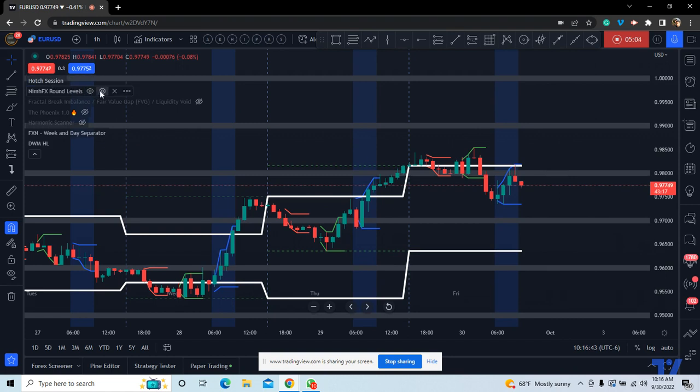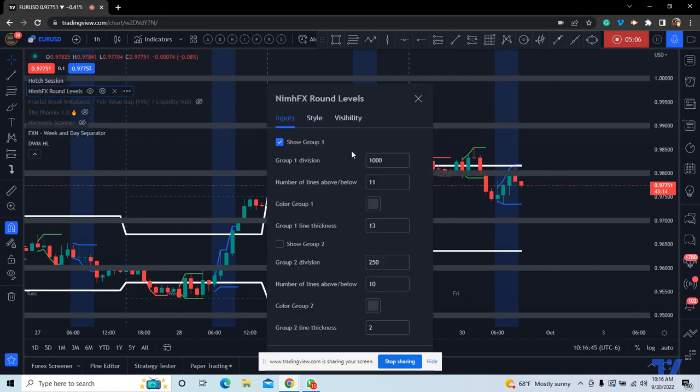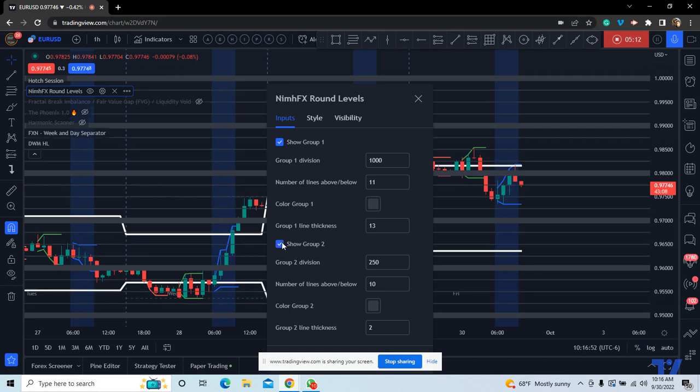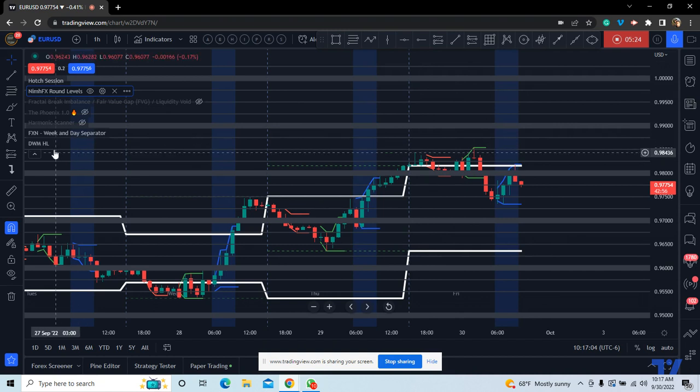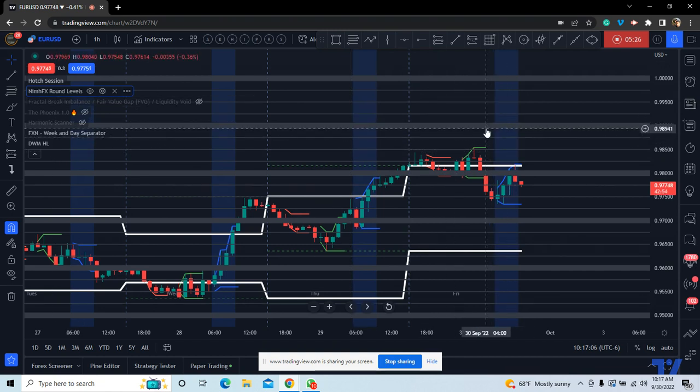You can also, within the settings, set the quarter numbers up if you want. But essentially you can eye those. So I've taken those off. But if you want to take a screenshot of that, then that's you set up for your sessions. Your levels, round numbers.